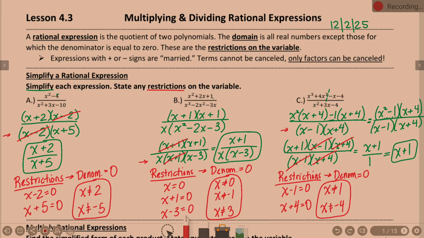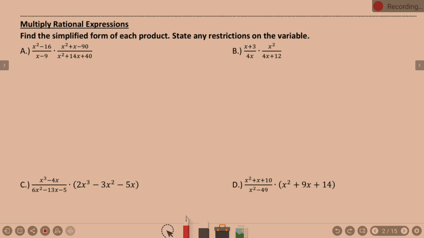Now we're going to multiply. But here's the deal. Multiplying, we're not doing anything new. You're doing the same thing. It's going to be factor, factor, factor, factor, and then it's going to be cancel. The only difference is you have two fractions that you're canceling with. It's still the same idea.